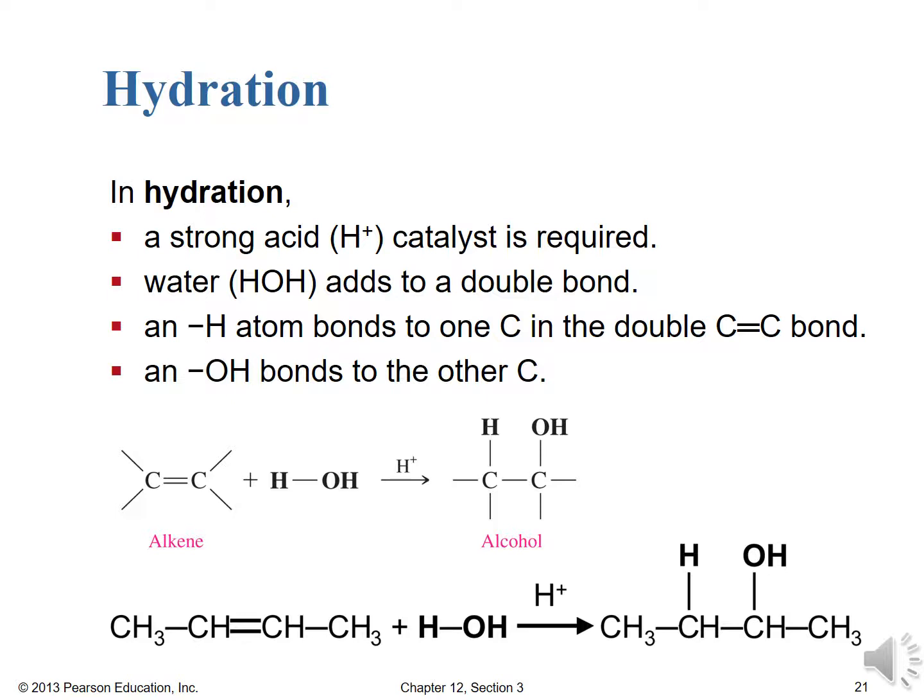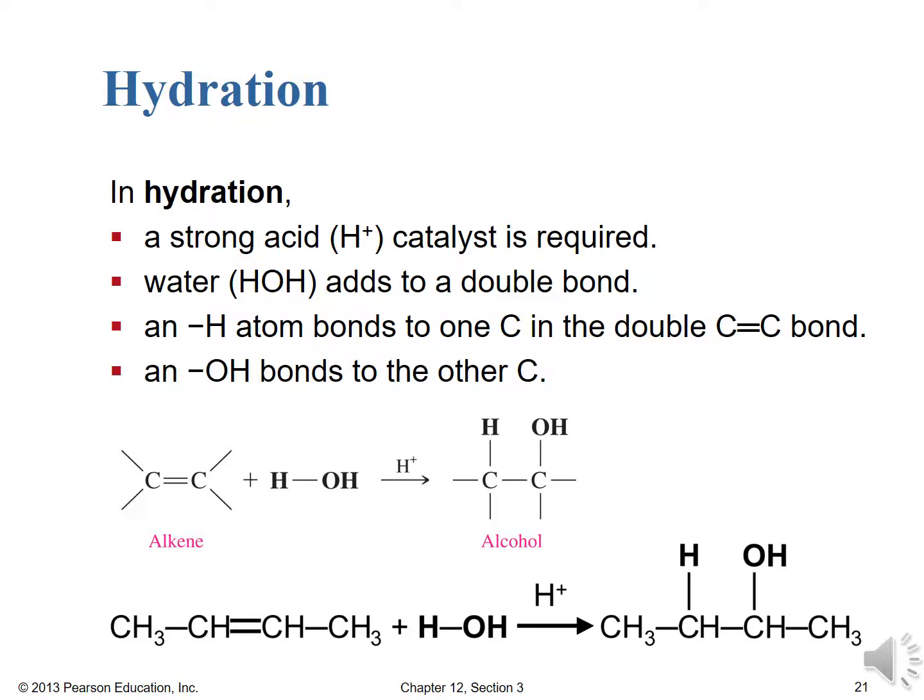In particular, sulfuric acid is commonly used. We could talk about hydrochloric acid. It's just a strong acid. And we find the hydrogen adds to one carbon that was formerly participating in the double bond, and the OH adds to the other to form an alcohol. And we see here a specific example.